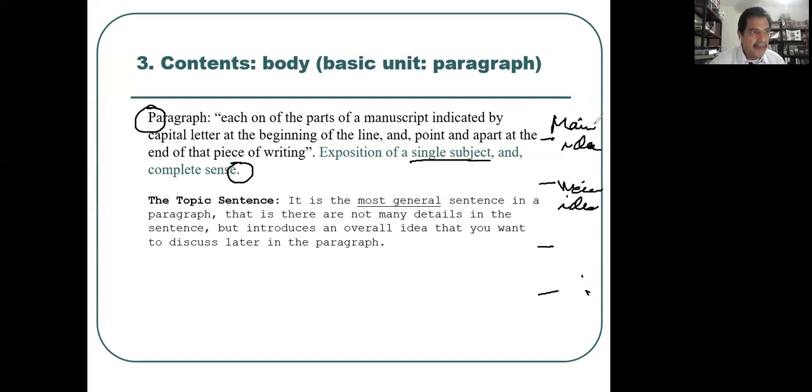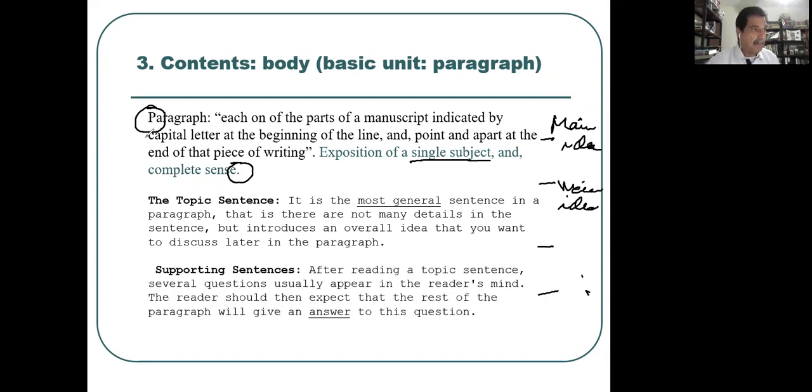Then I take this main idea and I write the topic sentence. So I try to transmit what I'm going to say in this paragraph. It's a general thing. So you don't need to give many details in the first sentence. Then come the details.